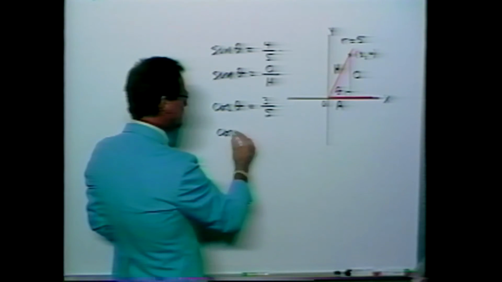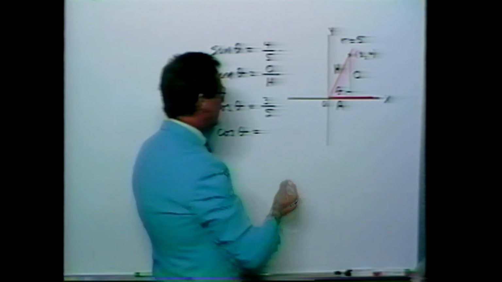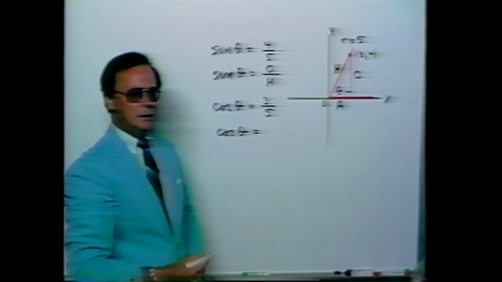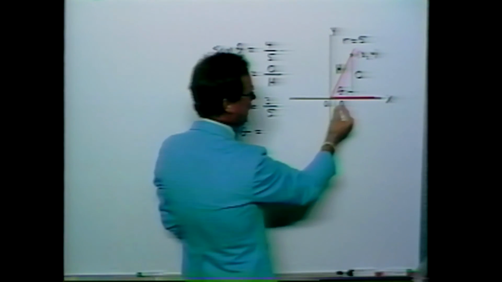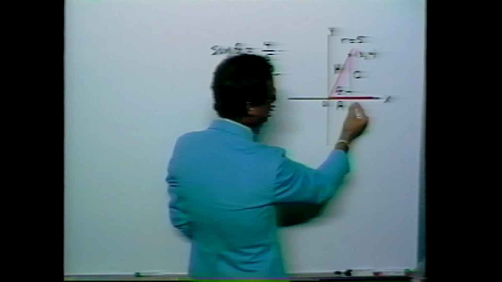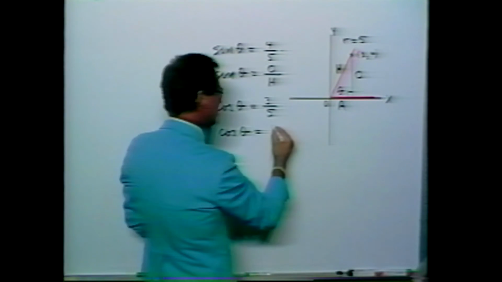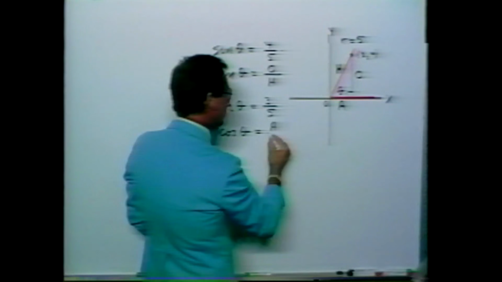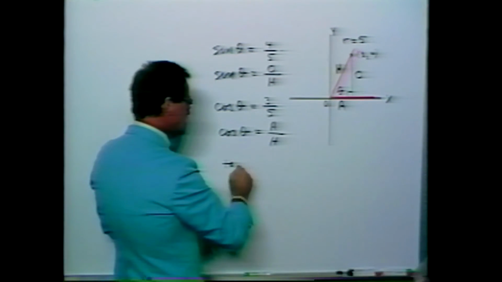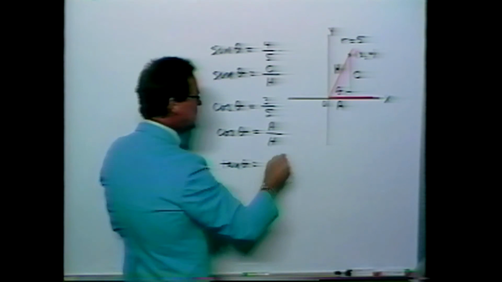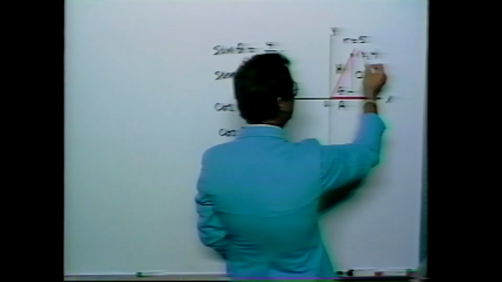Now it's useful to note that in this method of defining the primary ratios, the cos of theta is the adjacent length of the right angle triangle over the hypotenuse. So we write A over H. And finally, the tangent of theta is equal to y over x, which is 4 over 3.